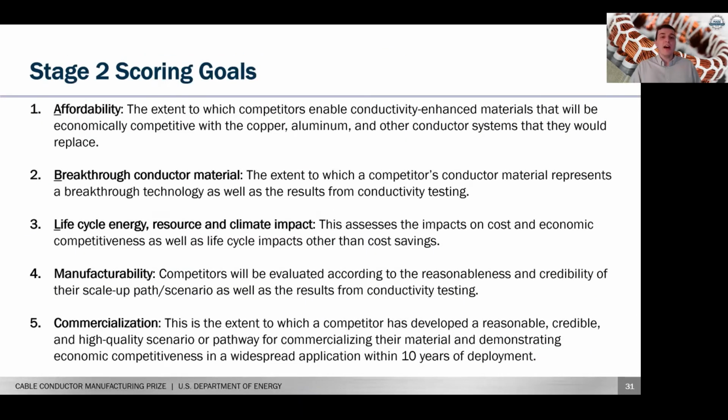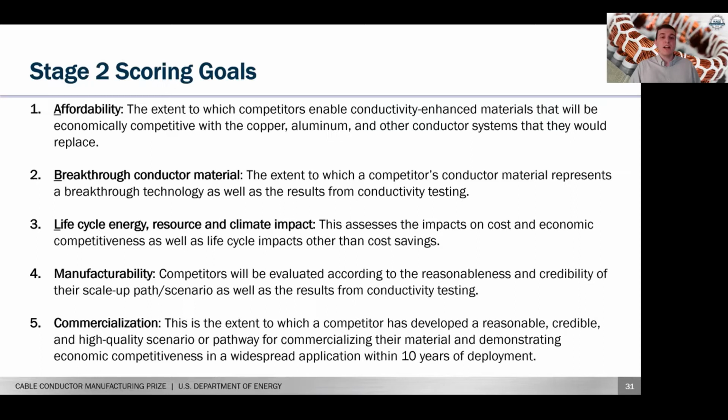So this other half of scoring is based on competitor-supplied narrative, their data, PowerPoint, video, letters, and our reviewers' assessment of them. The first 3 of the 5 goals listed here are spelled out in the letters of CABLE: affordability, breakthrough, and life cycle.